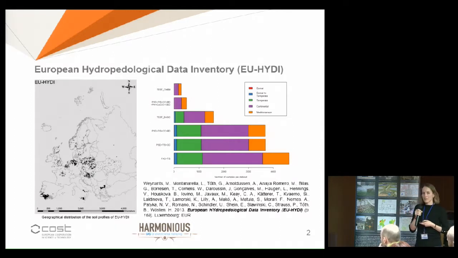To derive the pedotransfer functions, we needed a soil hydraulic data set in which we had measured data on soil properties which are easily available, and of course the water content connected to the matric head, and hydraulic conductivity connected to the water content or hydraulic head. So to derive the European pedotransfer functions, we used the European Hydrological Data Inventory.